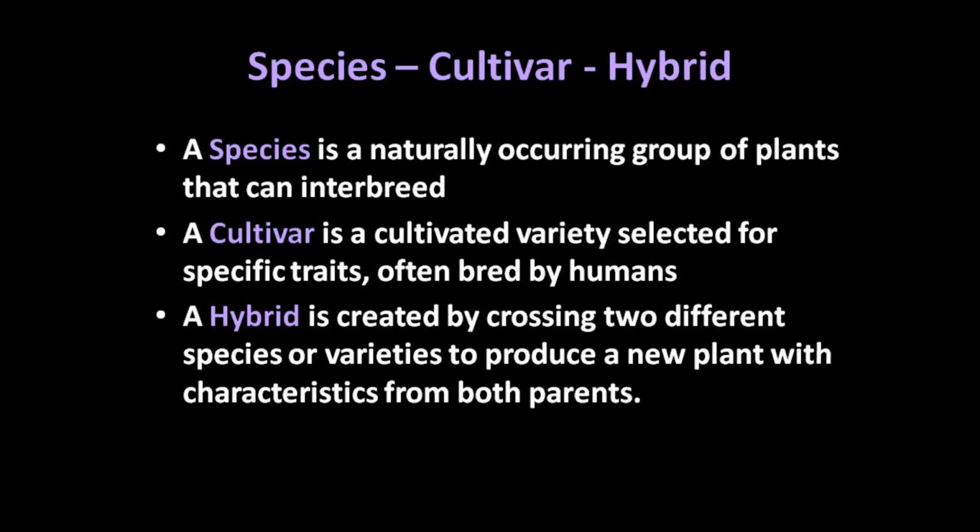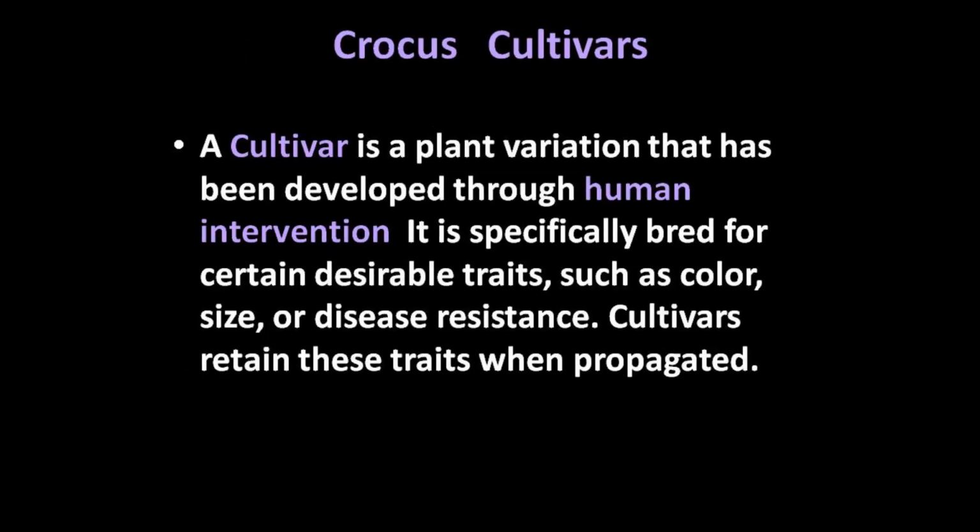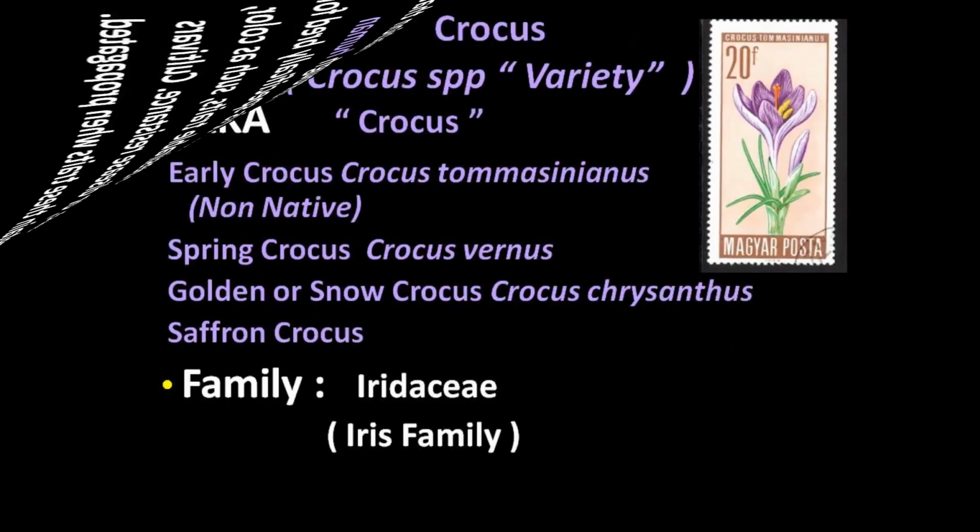A cultivar, or cultivated variety, is a plant variation that has been developed through human intervention. It is specifically bred for certain desirable traits such as colour, size or disease resistance, and cultivars retain these traits when propagated.